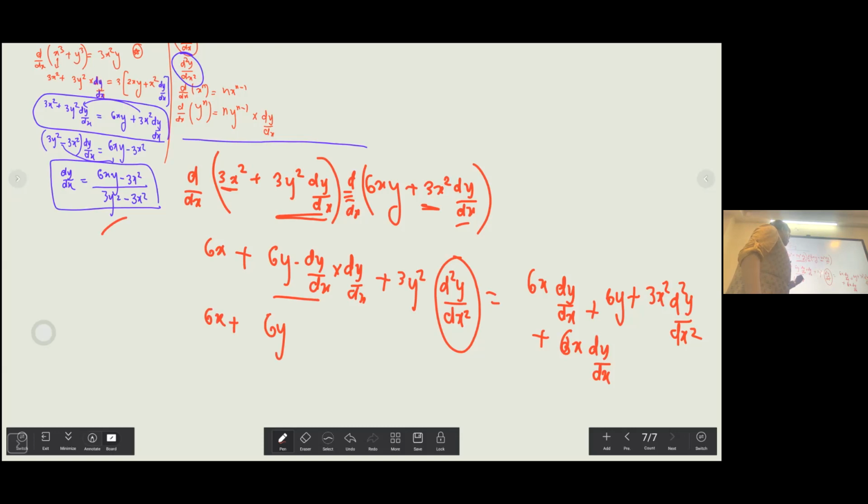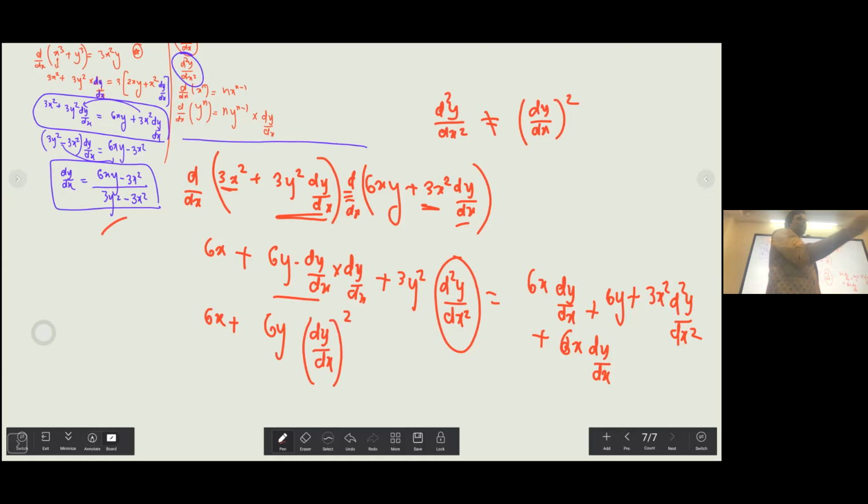Now, the 6y dy by dx term, multiplied by dy by dx, will be dy by dx the whole square. A lot of students have messed up problems because they don't understand the difference between d square y by dx square and dy by dx the whole square. Dy by dx the whole square means you're taking dy by dx and multiplying it with dy by dx, whereas d square y by dx square is finding the second derivative of the function.